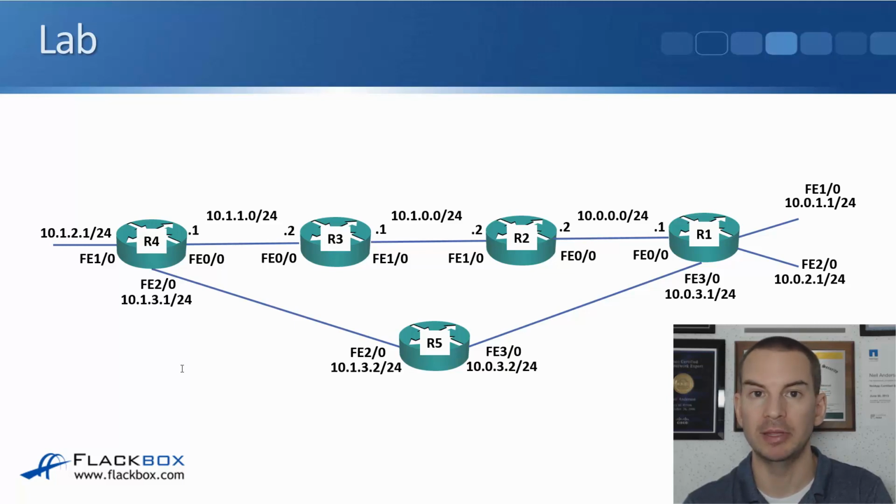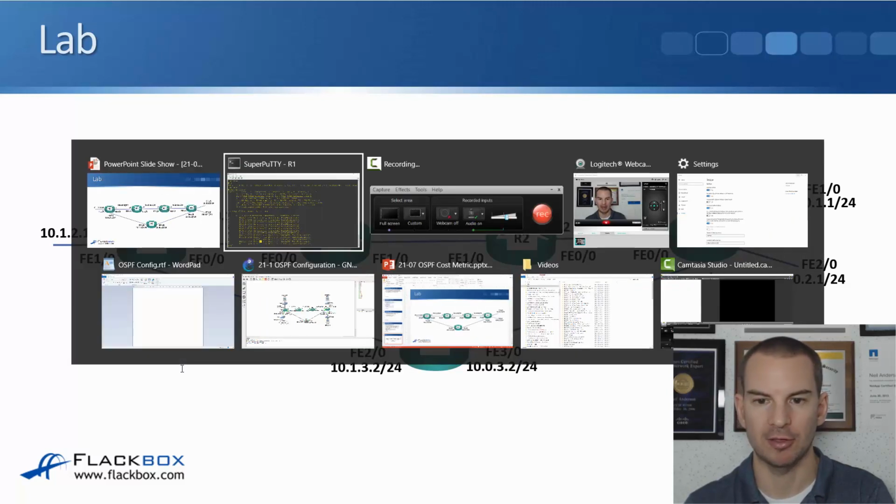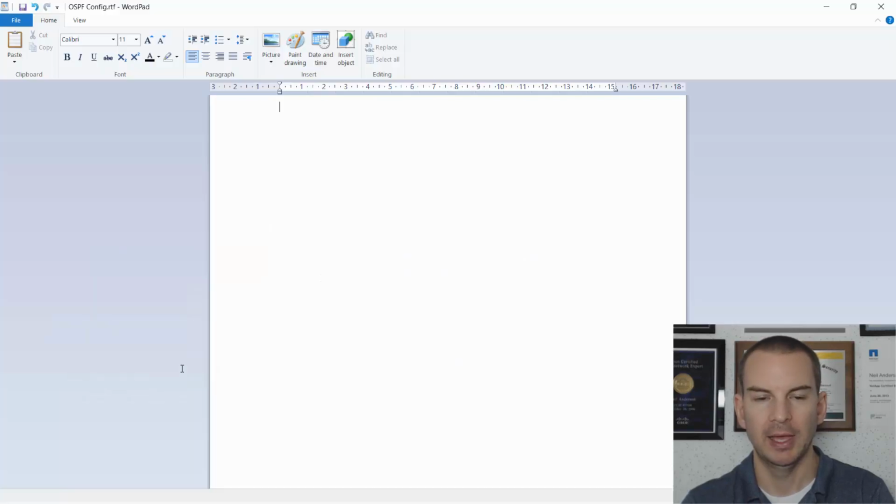So to do that, it's going to be the same config on all the routers. You want to configure this on all the routers in your network, or you can get unexpected results. You need them to all have the same consistent reference bandwidth. So I'm going to open up a text editor for this.